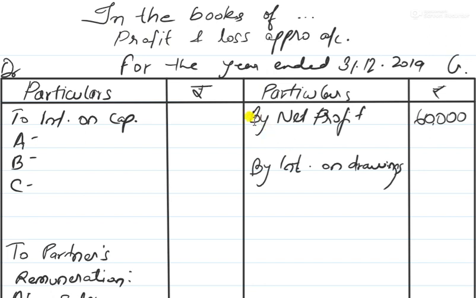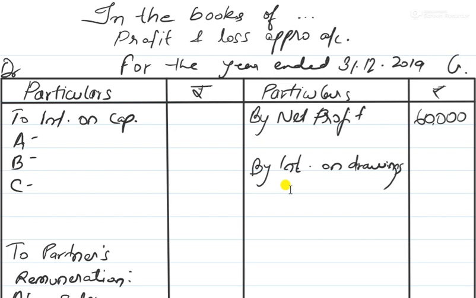First, I recorded by net profit 60,000. Then I know what are the items that will be available in my illustration. So the second item I wrote was interest on capital. The third item was by interest on drawings. Now interest on drawings is recorded on the credit side because it is an income for the firm.